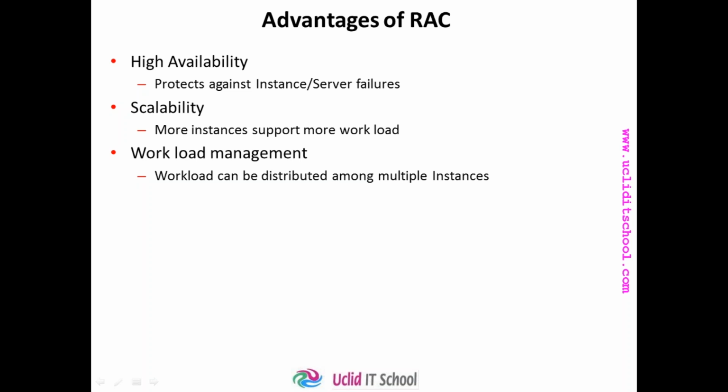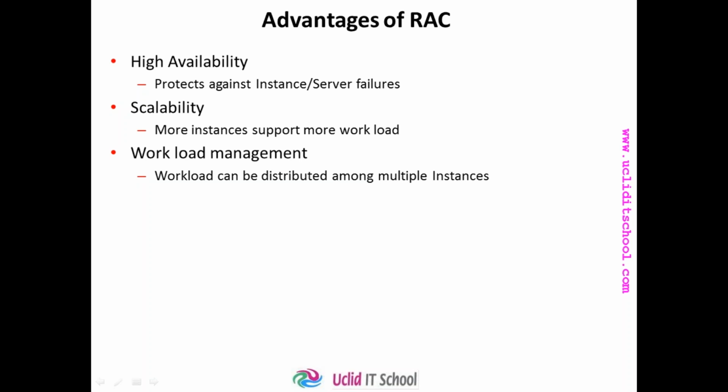That is in fact a technically good question. Though you dedicate an instance for a particular kind of workload, if that instance fails, what happens to that workload? You can choose another instance as a backup instance. Meaning when the main instance fails, this workload can be handled by another instance, which is called the available instance.